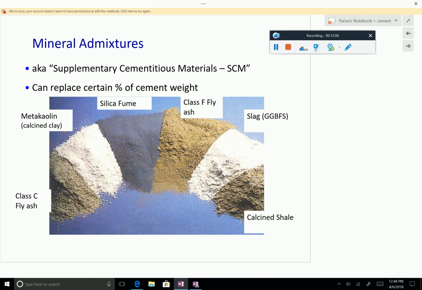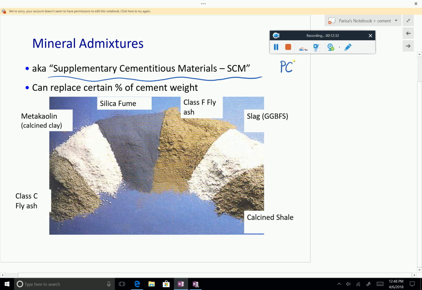The last topic in cement is now mineral admixtures. This is different from what we talked about previously. These are supplementary cementitious materials, SCM. So this is when you don't use just Portland cement.